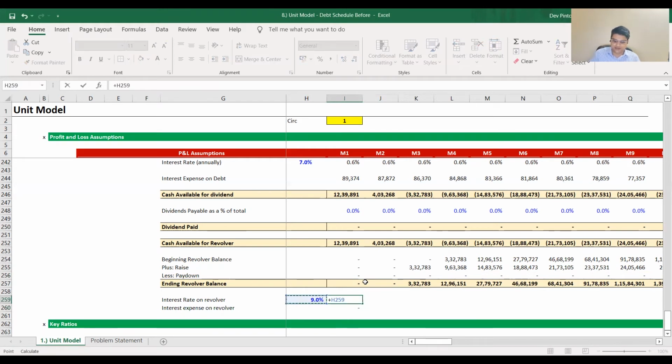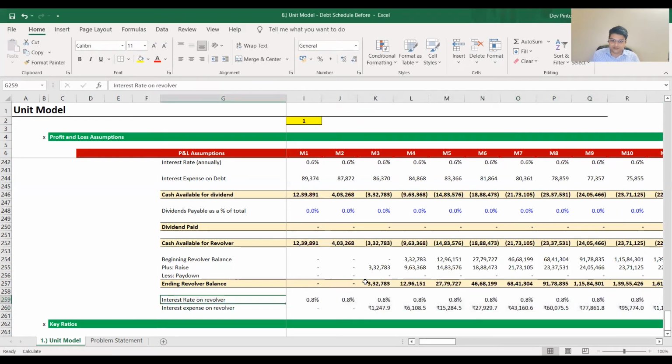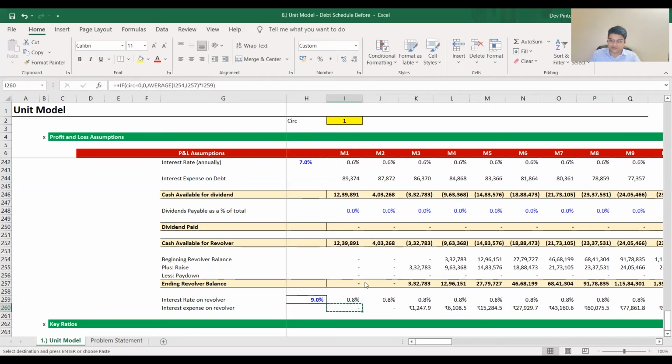This will be nothing but this divided by 12.